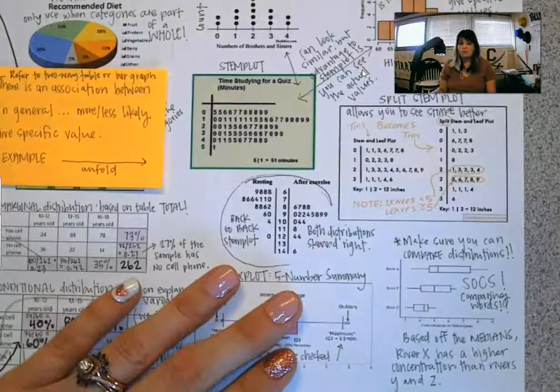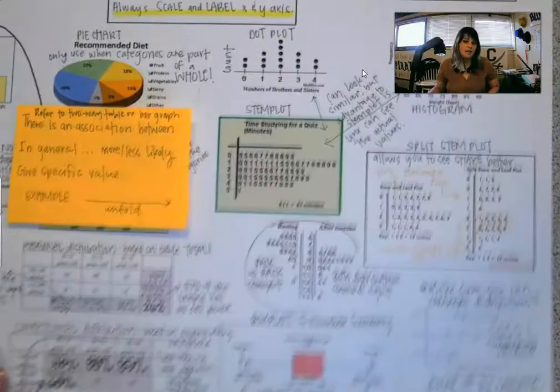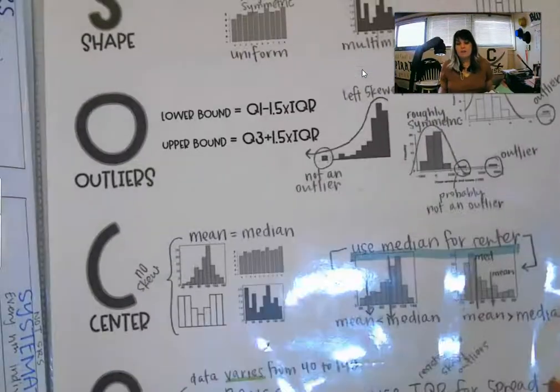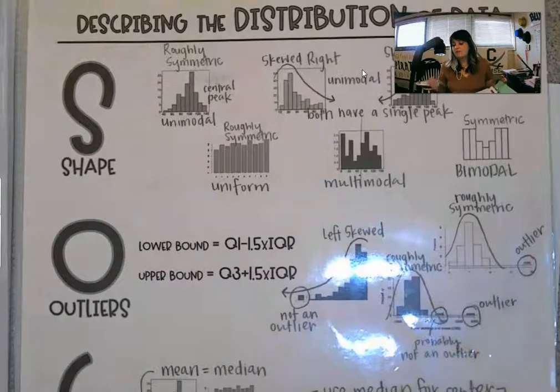Anything that you need from this unit that is not included on this page or your SOCS page, you need to write on the back of this. You will absolutely 100% have to compare distributions on this exam.